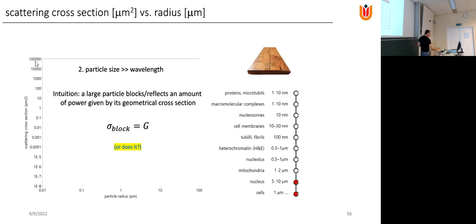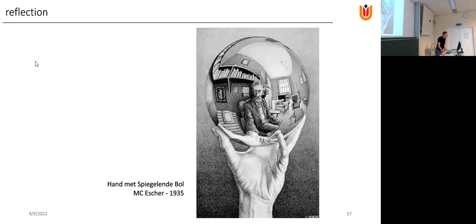It turns out to be a little bit more complicated. We have to look into all the effects that take place here. The first effect that can happen is simply reflection. Light is reflected back from this large particle, and that counts as scattered light. So that contribution is there.